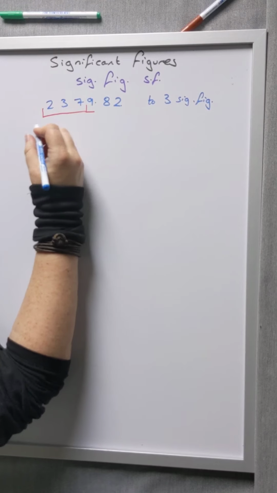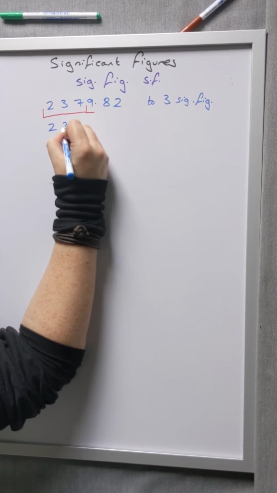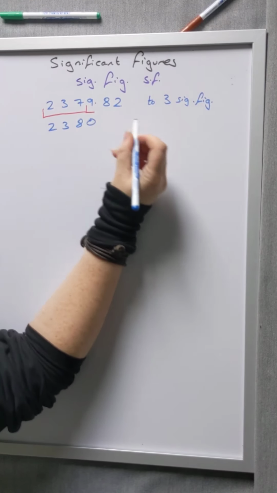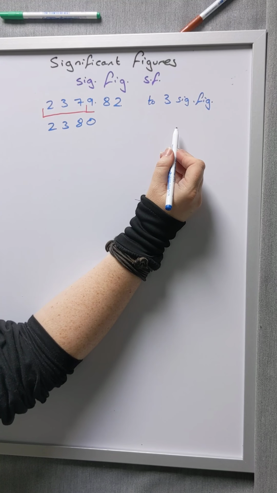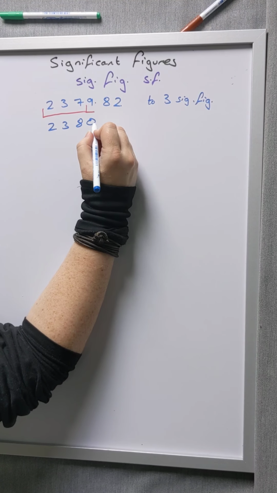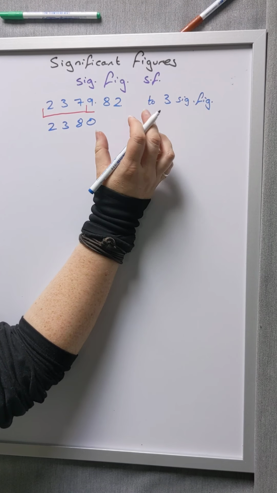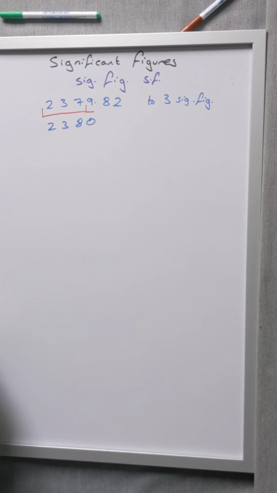So what we would get there is 2380. We don't need anything after the decimal point because it's not significant to us. We don't care. We've rounded beyond it.